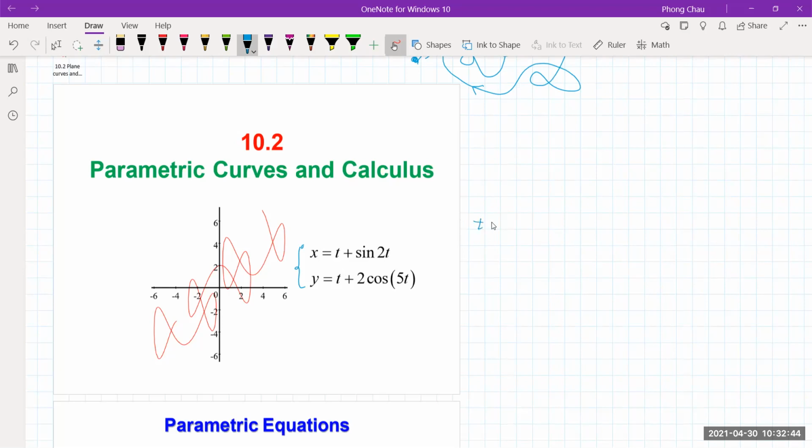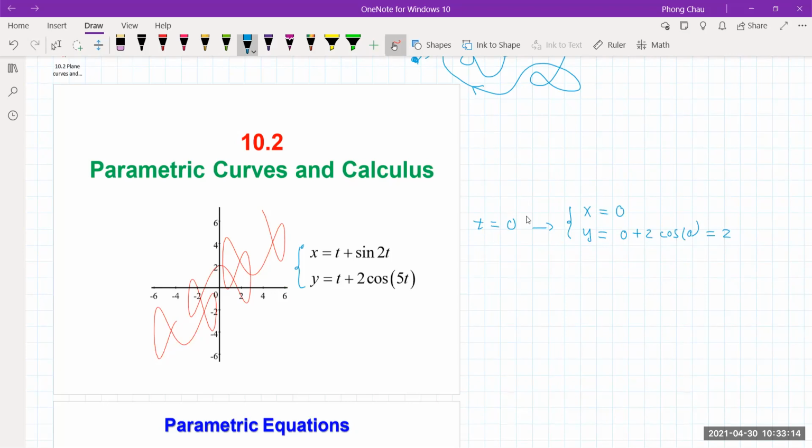So let's say t equals 0, and you plug in here. You get x equals 0 plus sine of 0, sine of 0 is 0, so x is 0. Then for y, you plug in 0 and have 0 plus 2 cosine of 0. Cosine of 0 is 1, so this becomes 2.